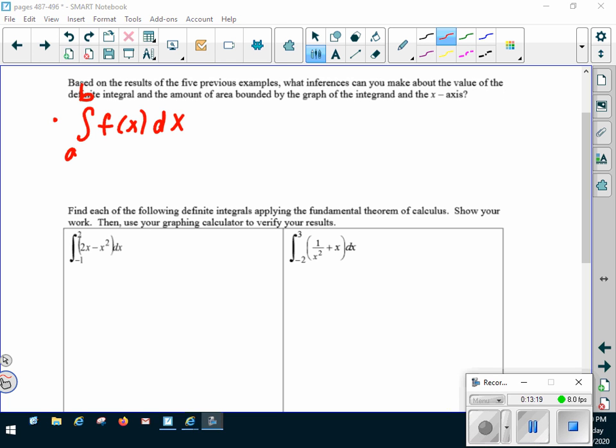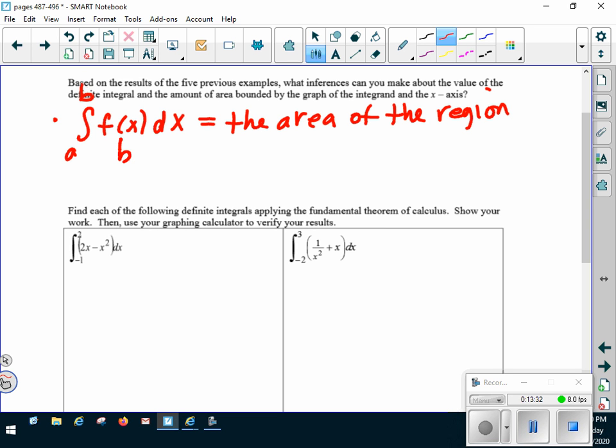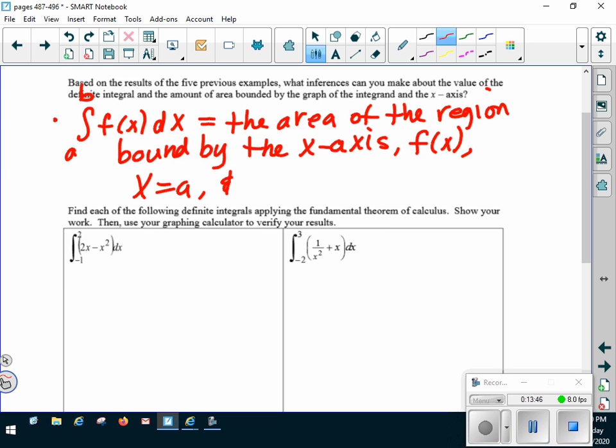The integral from a to b of f of x dx is the area. This is just the definition, okay? The area of the region bound by the x-axis, f of x, x equal a, and x equal b.